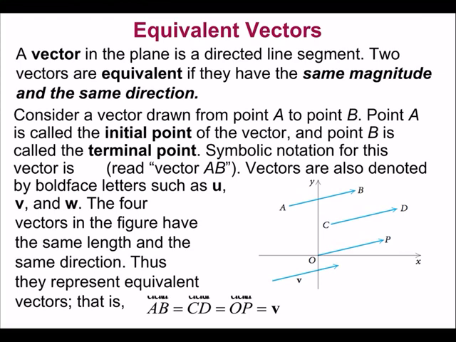And the other vectors are defined by their initial point, their starting point, and their ending point, point O and point P. Again, we have a directed line segment, which represents those vectors. All of those are going the same direction. They all have the same length, which we can see looking at it.